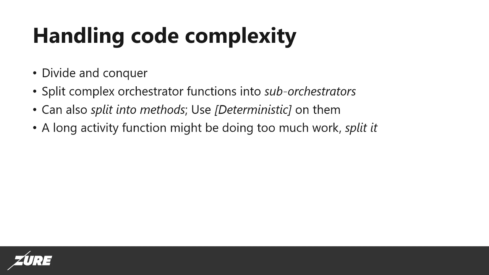However, if you do that, use the deterministic attribute on those methods to extend the determinism checks there, if you use that analyzers package. If you have a very long activity function, it might be doing too much work, so you can split it into multiple activities and call them in a sequence.